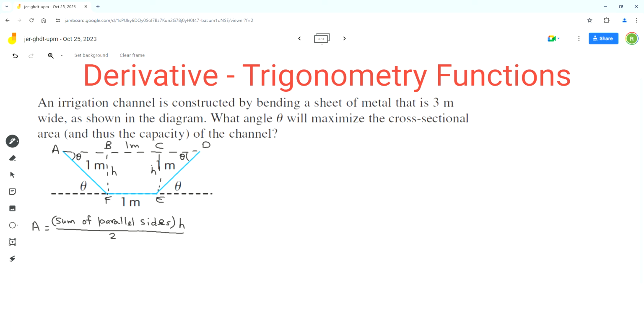Now we have to analyze triangle ABF to find the height and side AB in terms of theta, because we have to find the angle theta that will maximize the area of this trapezoid.